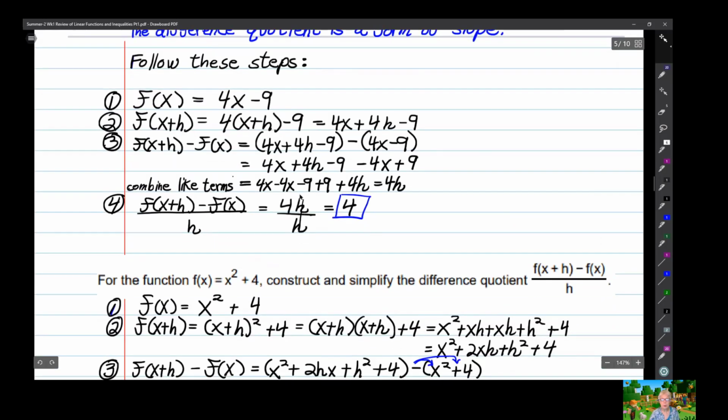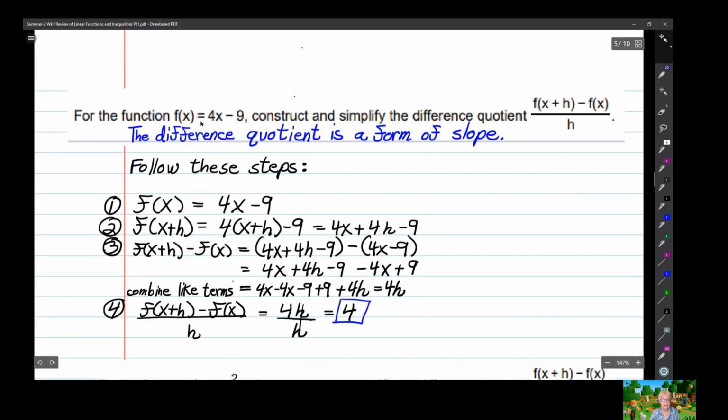4h over h will cause the h's to cancel, leaving me with 4. The rate of change of f of x equals 4x minus 9 is 4. The slope is 4. We would have already known that. Why would I have already known that? Because f of x is y.